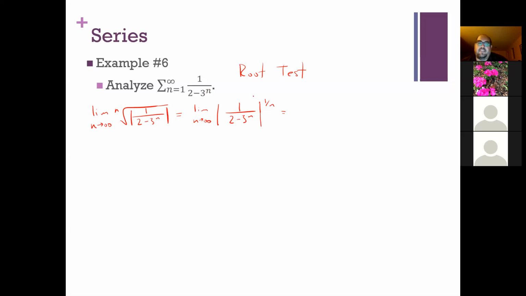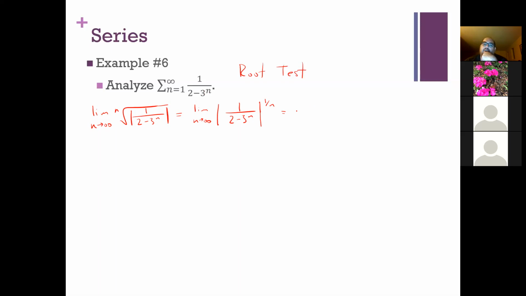Actually, let's think about it in smaller pieces here. As n gets really large, what's going to happen to 3 to the n? It's going to approach infinity, right? So then what's happening to your denominator? It's going to get really, really large.